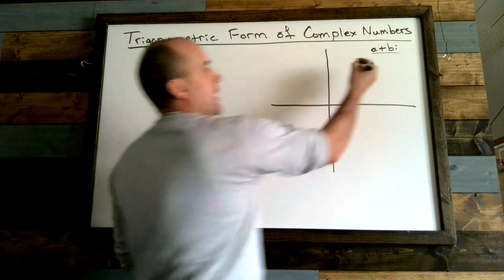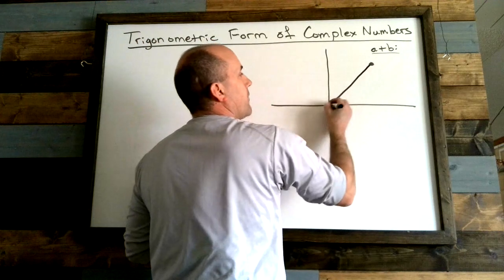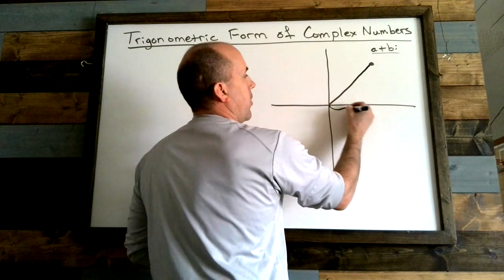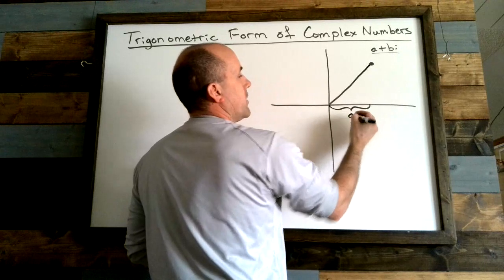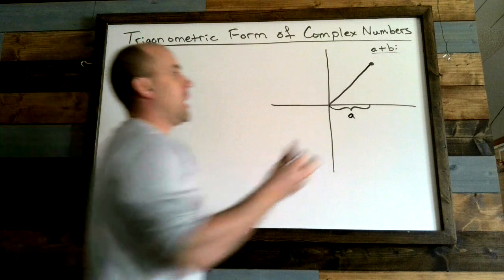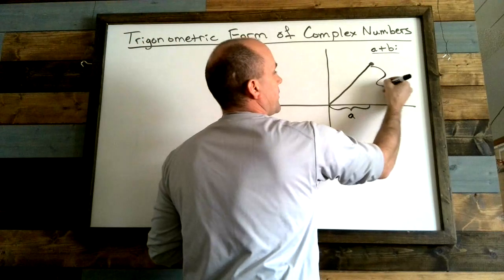But notice this guy right here, the graph of this. You'll remember we drew that line. And if you remember, we were over A units, and then we were up B units.